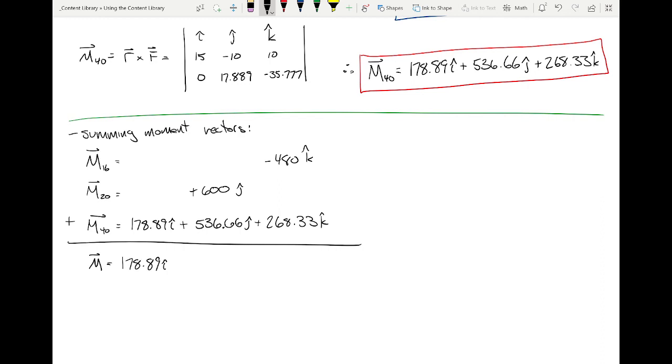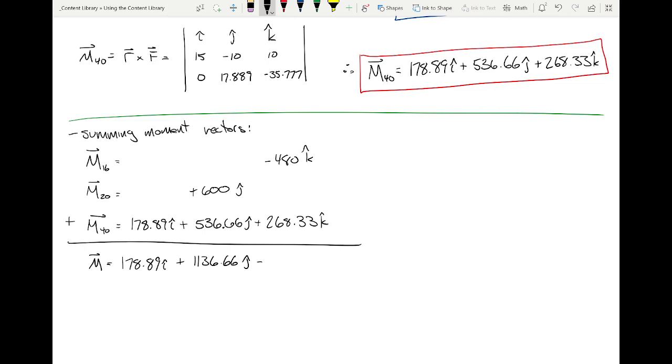178.89I, right? For the J terms, take this plus this. When you add them up, you'll get something like 1136 times J. And then for the K terms, what we've got to do is this plus that, but because it's negative, we're going to have a negative term here.